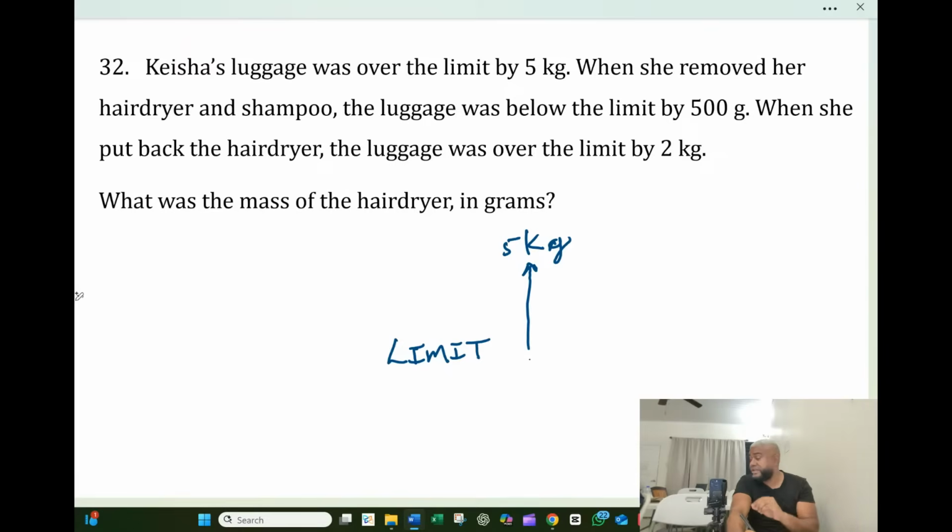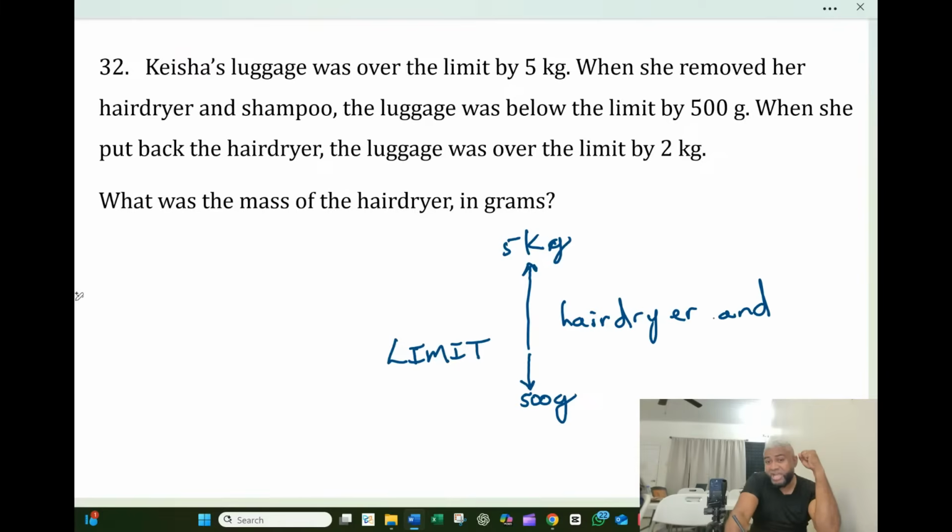Then when you take out the shampoo and the hair dryer, it dropped below the limit by 500 grams. So that means the hair dryer and the shampoo would be equal to 5 kg plus that 500 g, right? That's the information I have from the first two sentences.